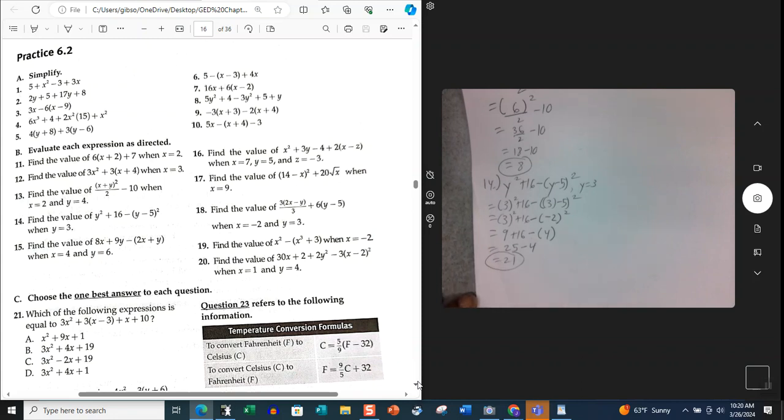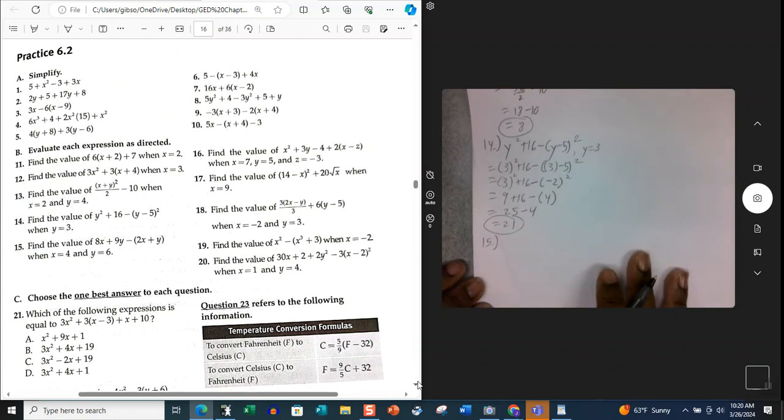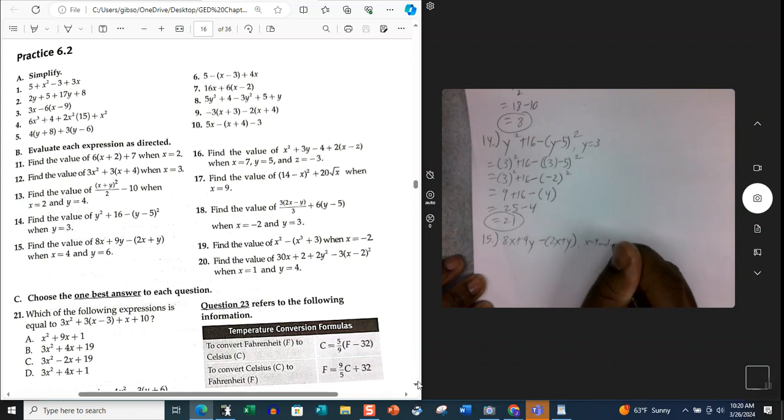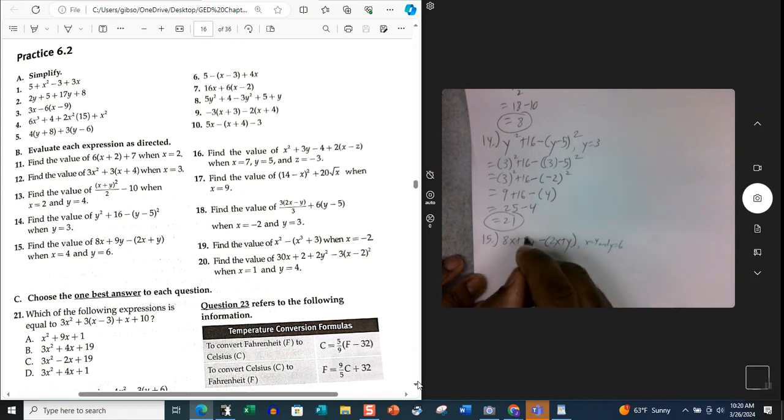All right. Now we go to problem 15. It says find the value of 8x plus 9y minus 2x plus y. And then this is where x is 4 and y is 6. So now we substitute.